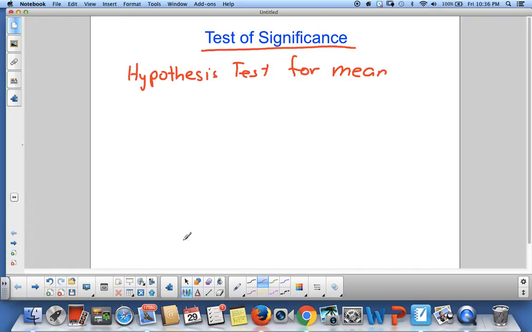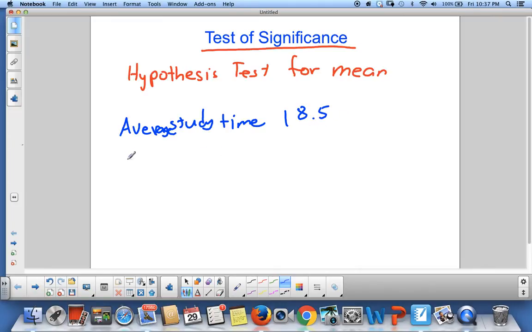And I'm going to do an example here where, let's say you're interested in going to college and you look in the college brochure and it says the average student studies 18.5 hours per week. Average study time, 18.5 hours per week.